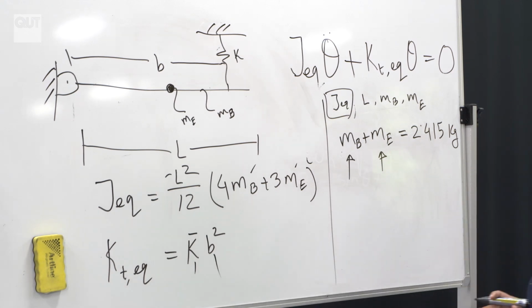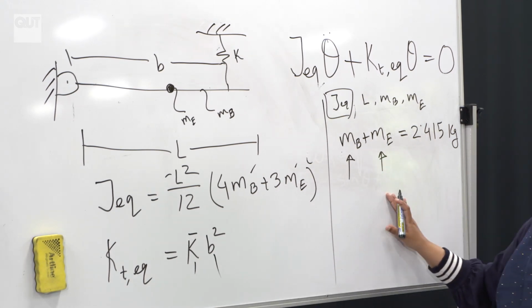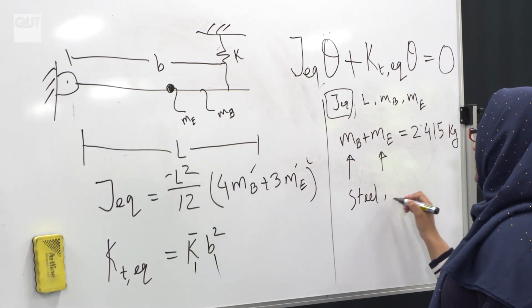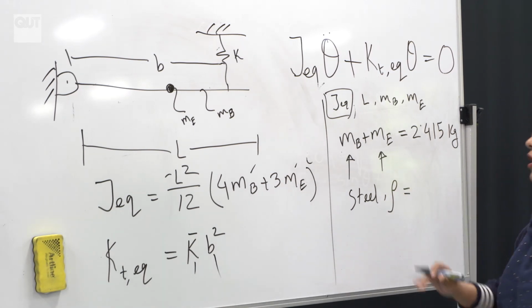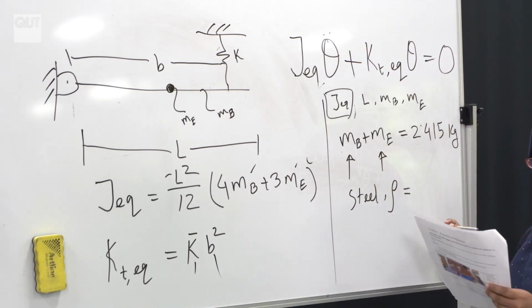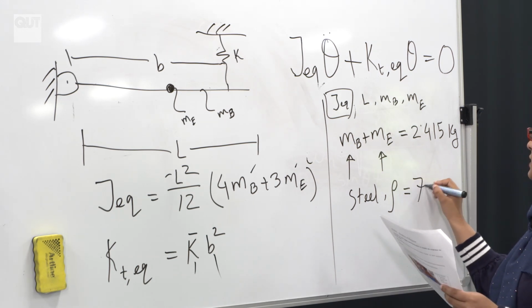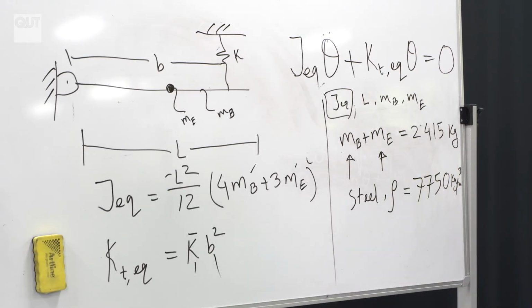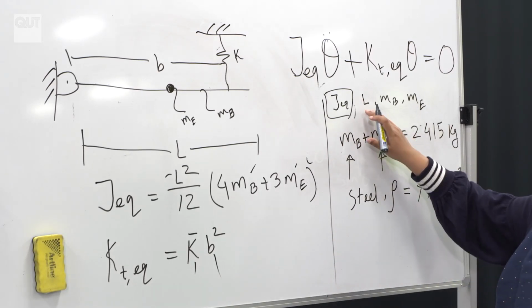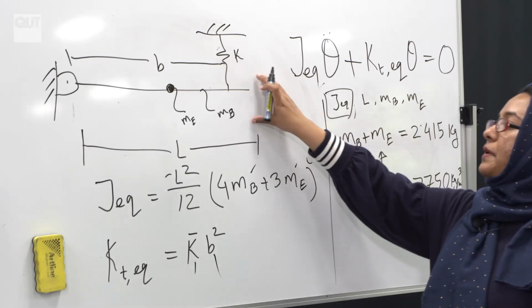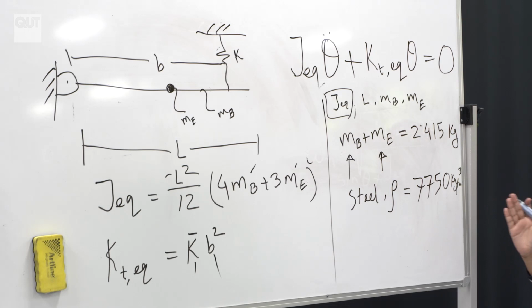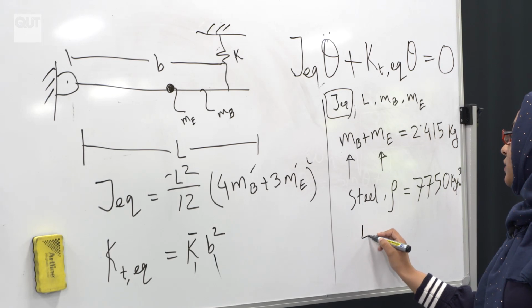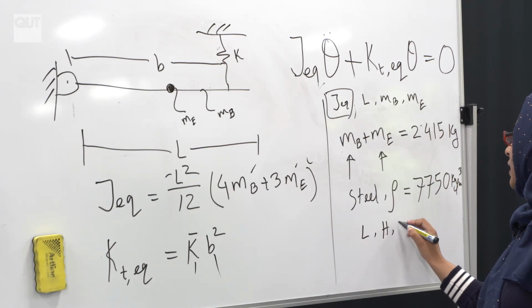So, you can understand, definitely you need to find MB and ME separately to get J equivalent. If we consider the material of the beam is steel, then we can find the density of the steel, which is a very normal general density, 7750 kg per meter cubed. Now, the beam will be given to you so that you can measure all the dimensions, and you can definitely measure the length, height and width of the beam.